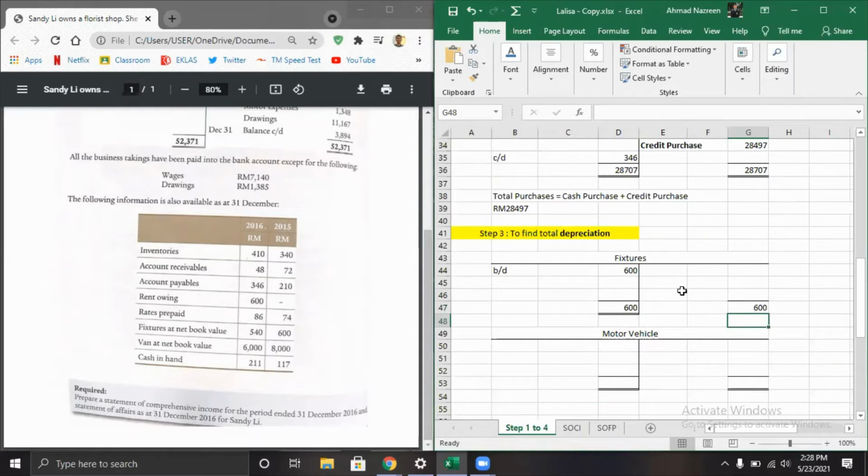Next, the balance c/d is on the credit side, 550. And lastly, the depreciation is 60 ringgit.